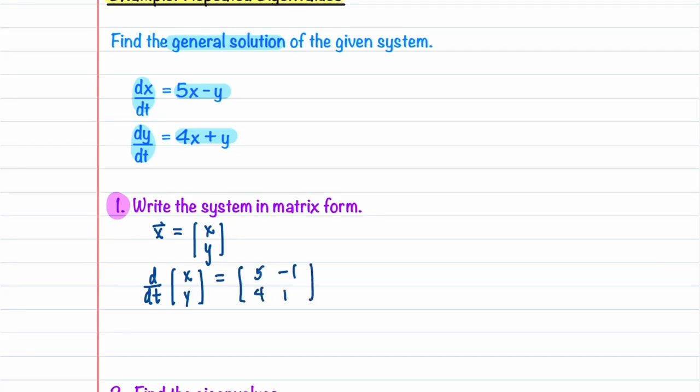That's just separating our constants from our x and our y, and we're going to multiply that by (x, y). We can then write this as d vector x/dt is equal to a matrix A times x, where matrix A is equal to [5, -1; 4, 1].